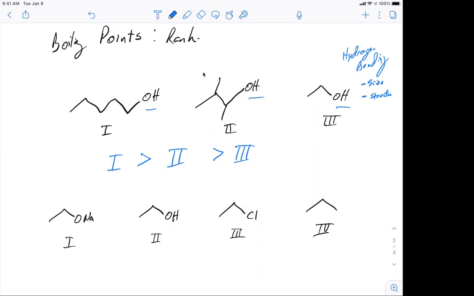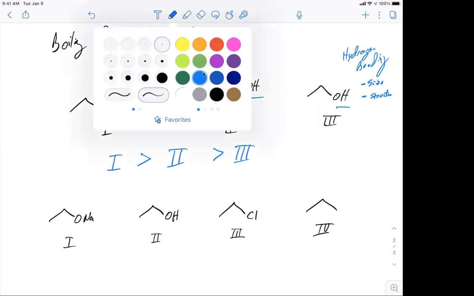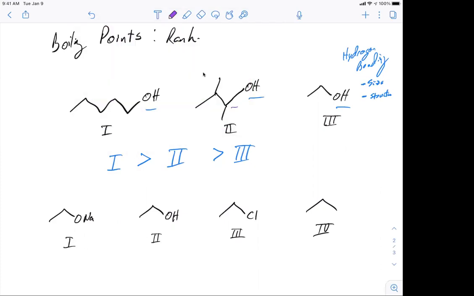Also, it's got a chiral center, and we'll get to that later. It's got a chiral center here, which means that you also potentially have R and S in the same solution, and if you have R and S in the same solution, that's also going to keep it from packing. So size, 3 is the lowest, and then structure, 1 packs better than 2, so therefore it's a higher boiling point.